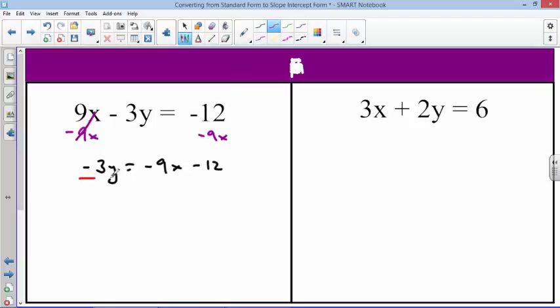I'm going to divide everything by a negative 3. Here these cancel out. I have my y equals negative 9 divided by negative 3 is going to give me a positive 3. My x comes down. Negative 12 divided by negative 3 is going to give me a positive 4. And I'm finished.